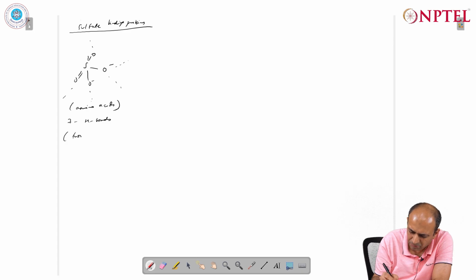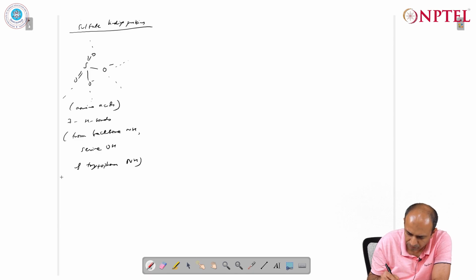These come from the backbone NH, serine OH and tryptophan NH. These are all the hydrogen bond donors.